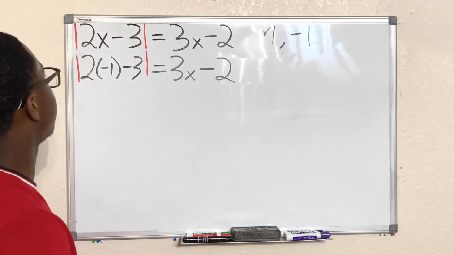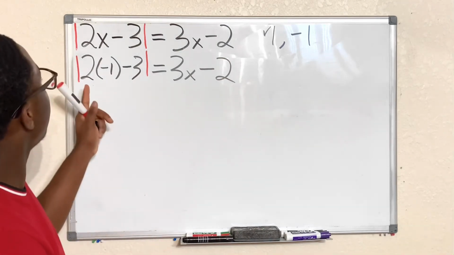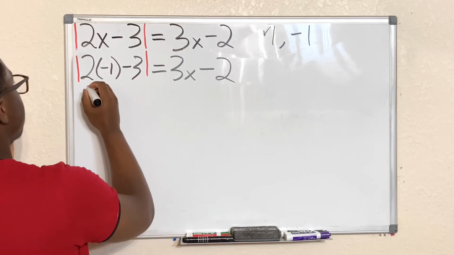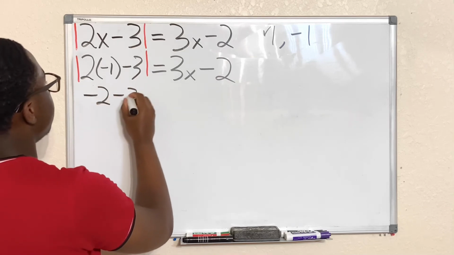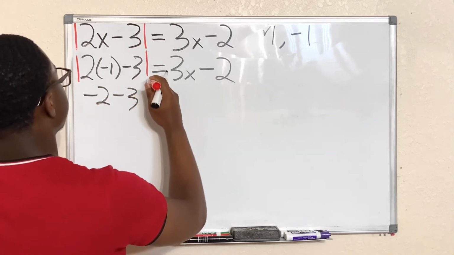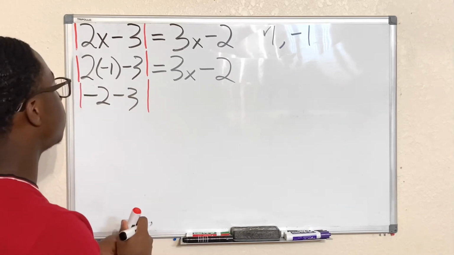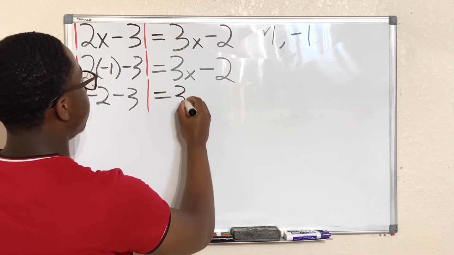So now that we have that, we're going to continue on and solve. 2 times negative 1 is going to give us negative 2 minus 3. Don't forget your absolute value bars. They are essential.